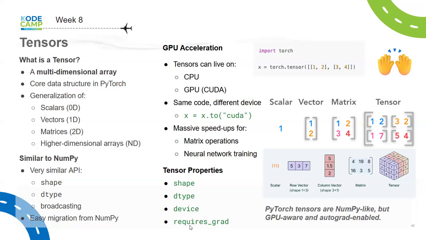Requires grad is another property. It means that when the backpropagation algorithm is calculating gradients, this tensor should also have its own gradient calculated, right? That's what requires grad means. If requires grad is true, that tensor will have its gradient calculated. But if requires grad is false, that tensor will not have its gradient calculated.